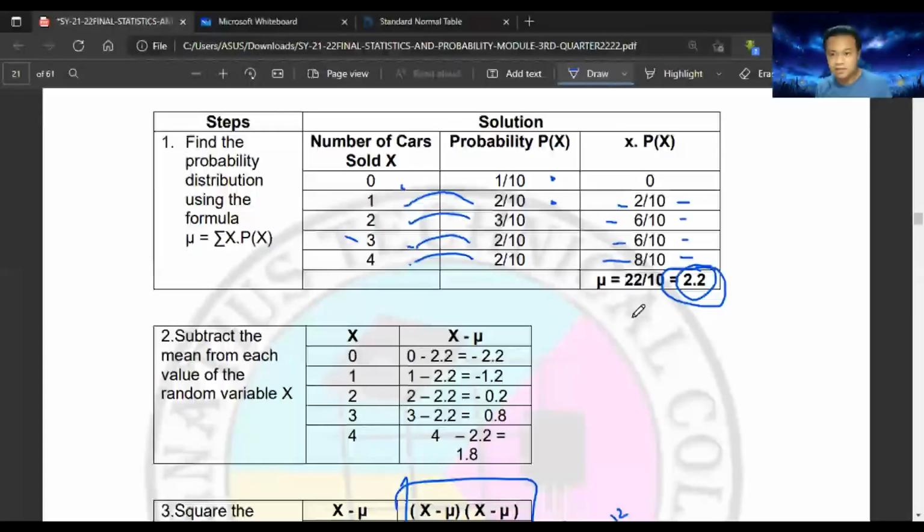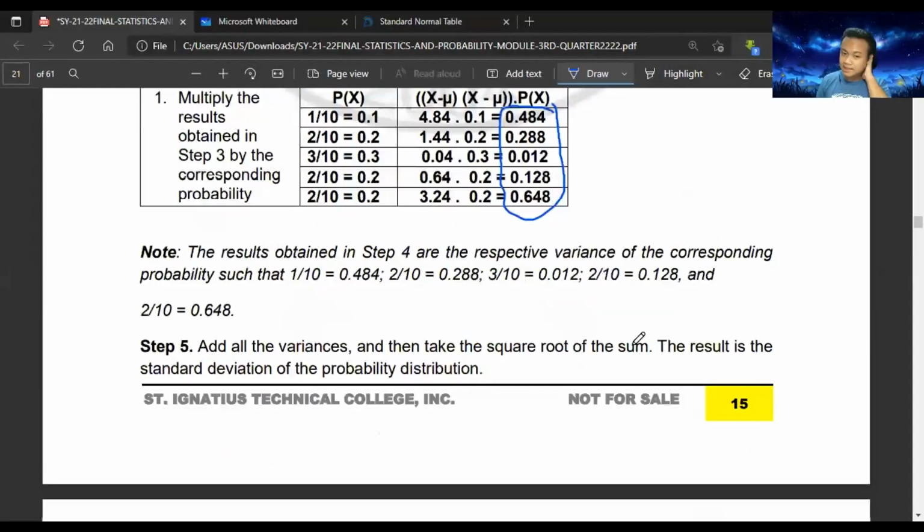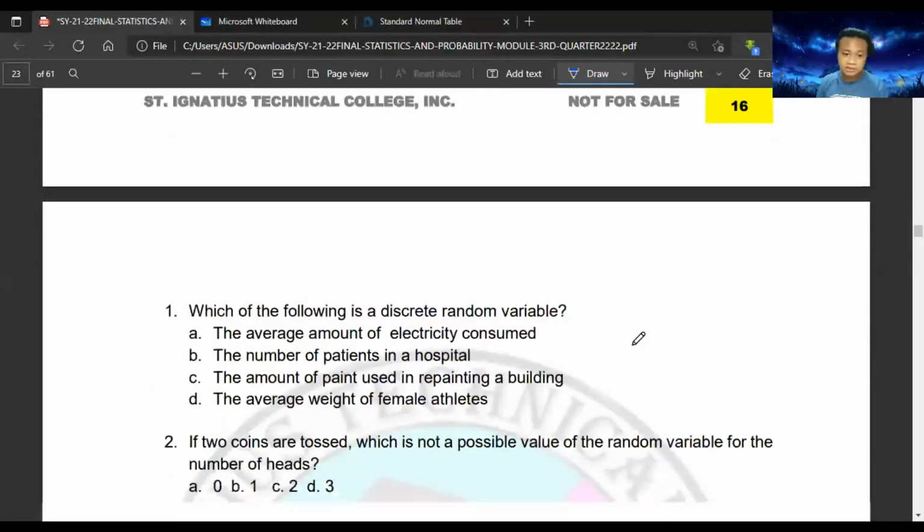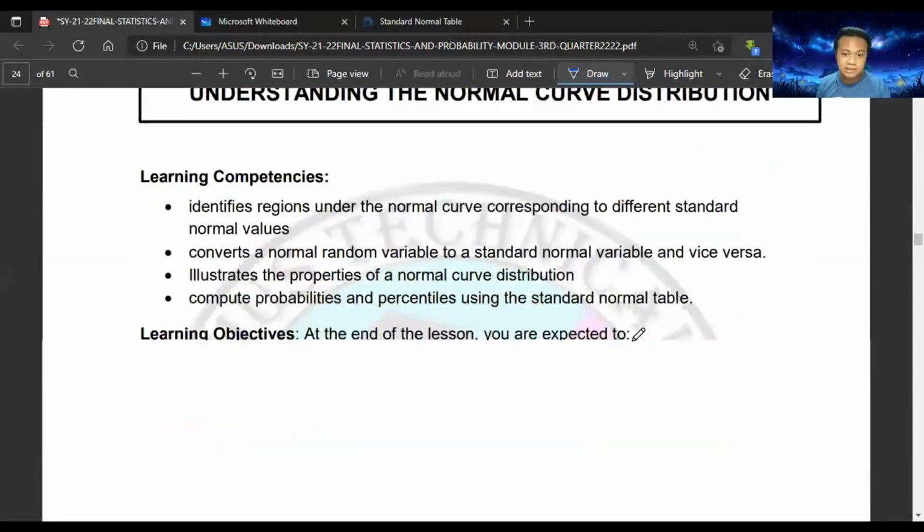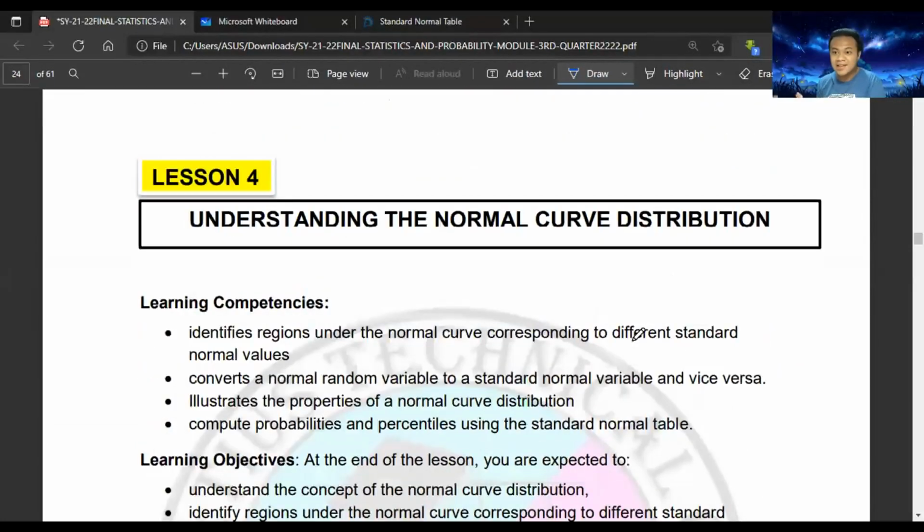That's the calculator technique I wanted to share with you. Next lesson is understanding the normal curve distribution.